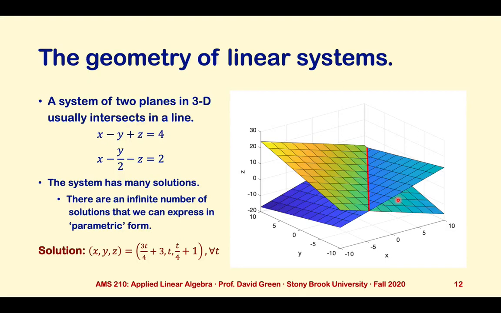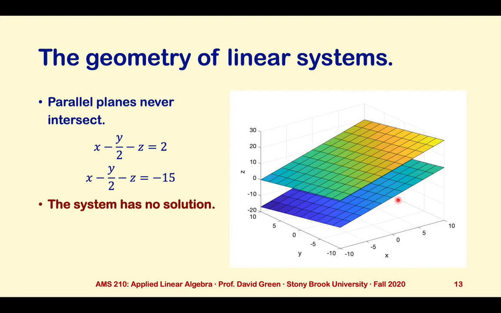Now, once again, there are some special cases. Parallel planes, that is, planes that have the same normal vector, represented by the same coefficients or simple scalar multiples of the same coefficients for all of the variables, but different offsets from one another, that is, different right-hand side constants, are perfectly parallel.